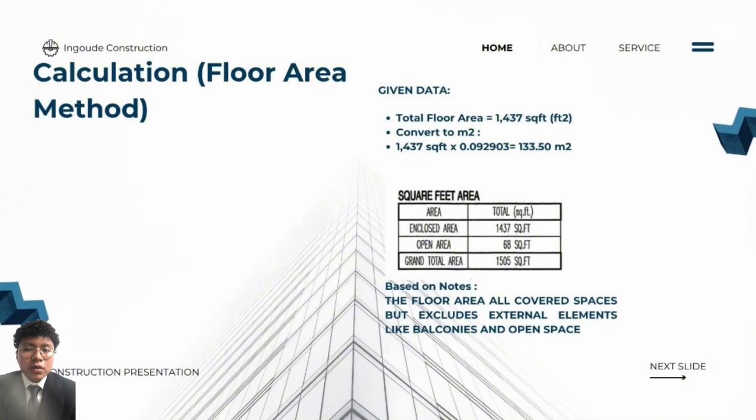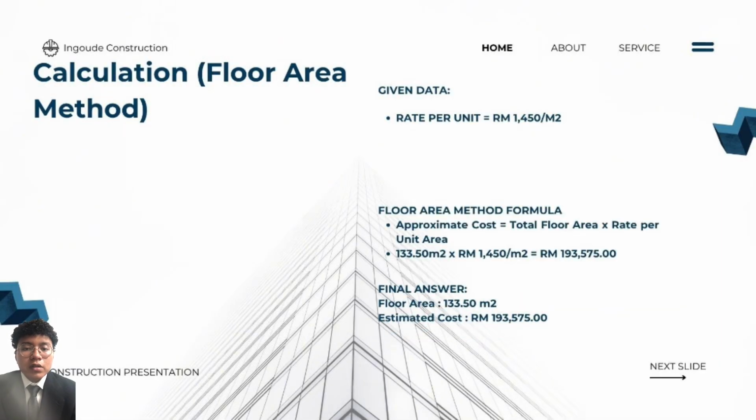Total floor area is 1,437 square feet, or 133.5 square meters. The rate is RM 1,450 per square meter. The estimated cost is RM 193,575. This kind of quick calculation helps clients understand cost expectations early.